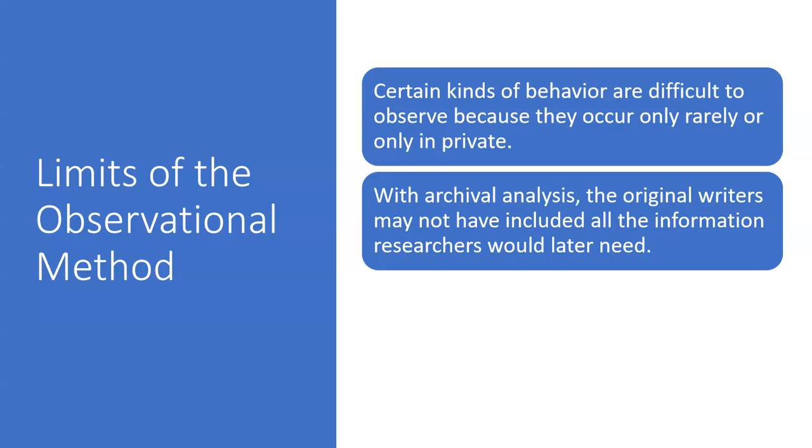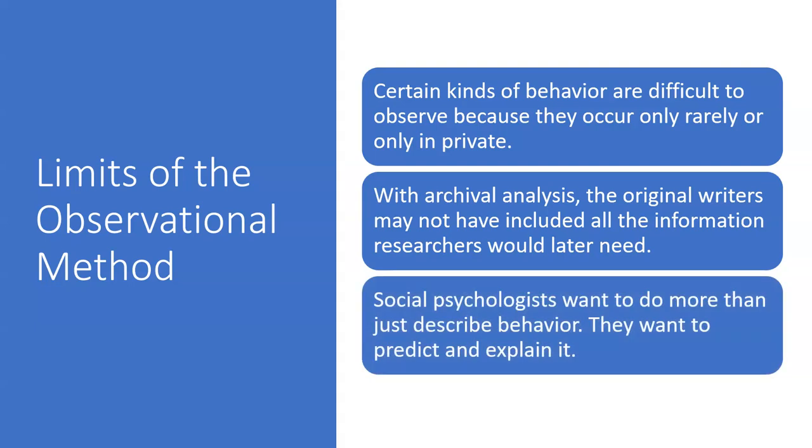You may have a bunch of archival records that are only written by one segment of the population, for instance, by those who are educated and who can read and write. What about the people who can't or couldn't read and write at the time those documents were written? So only being able to look at the documents that you have access to may mean that there is some inherent bias in what you're seeing. So you have to be careful about that.